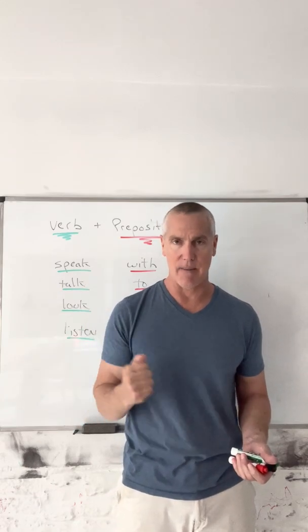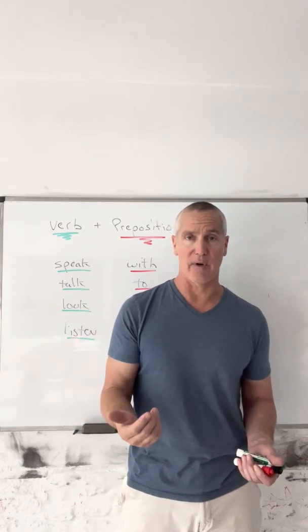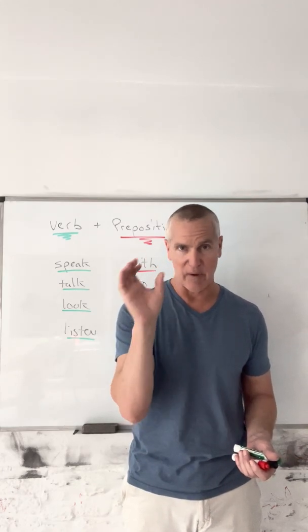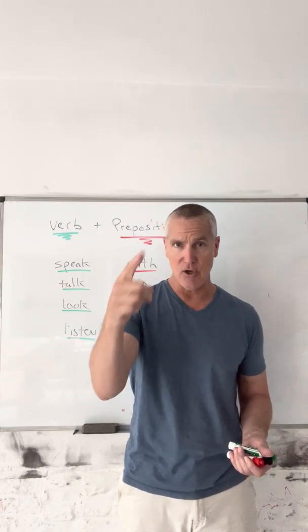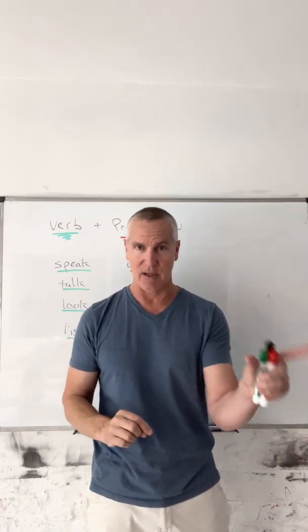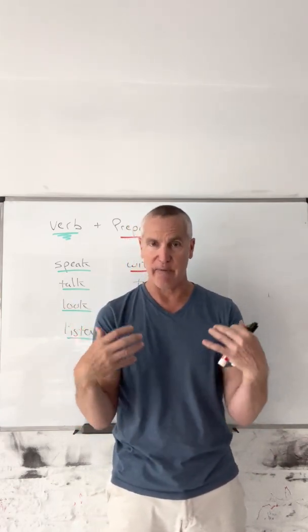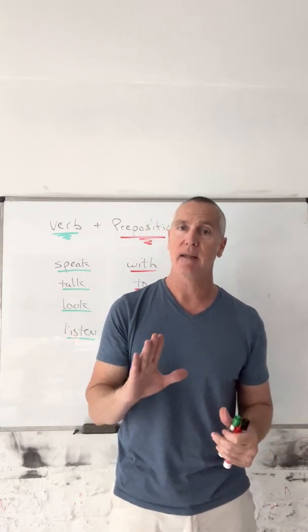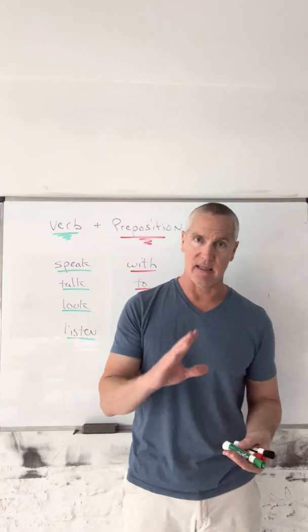There are many combinations with many different verbs, and just because you know what the verb means and you know what the preposition means, together they form a unique combination with a completely different meaning. That's a different lesson.